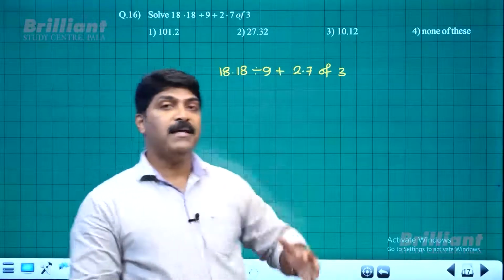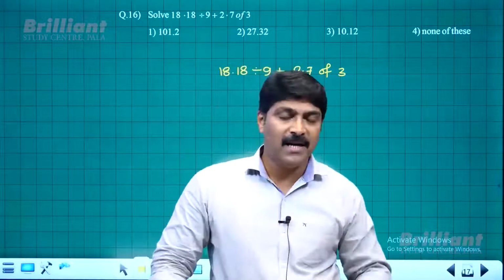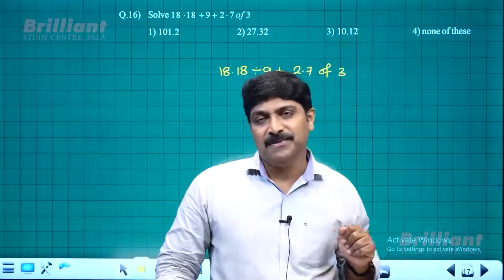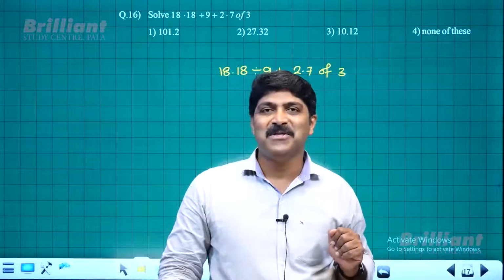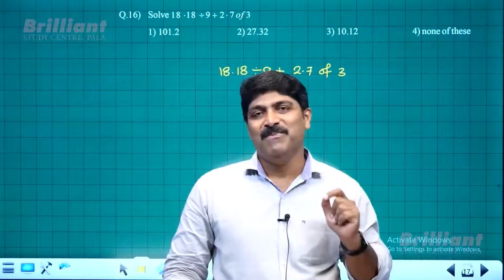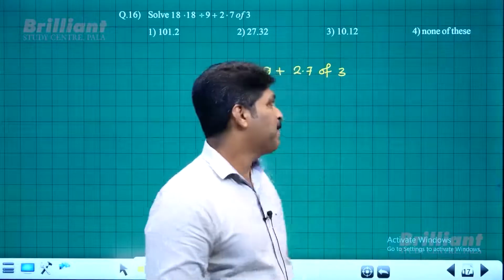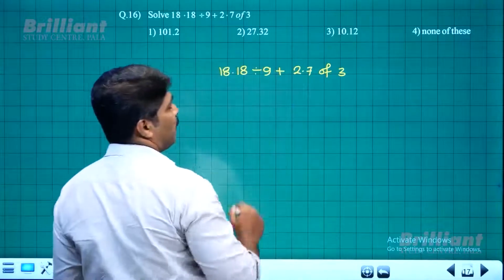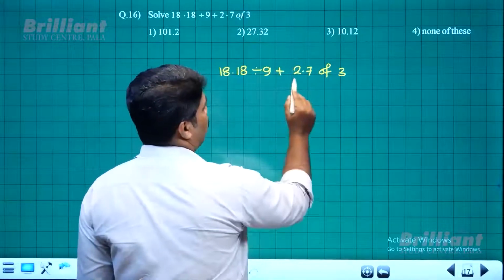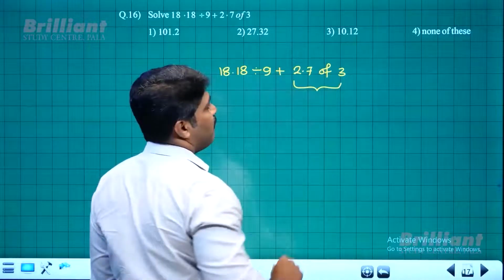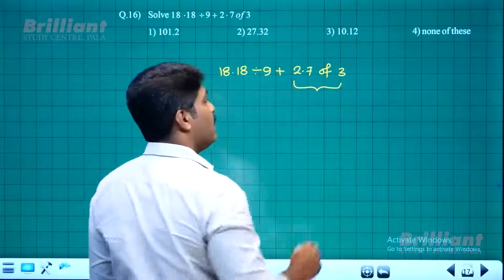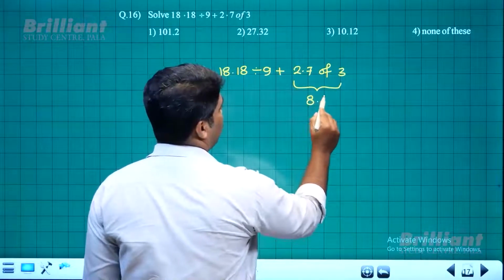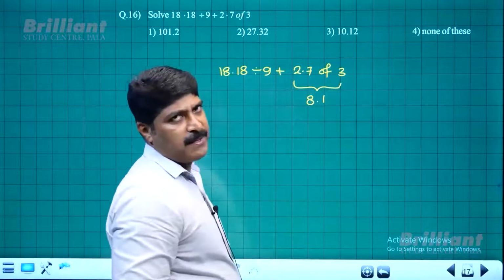If you consider the arithmetic hierarchy, which order comes first? Which has the preference here? The of operation has the preference here. Therefore this of we have to take first. So what is the answer here? 2.7 into 3, that is 8.1. As we know, 27 times 3 is equal to 81.